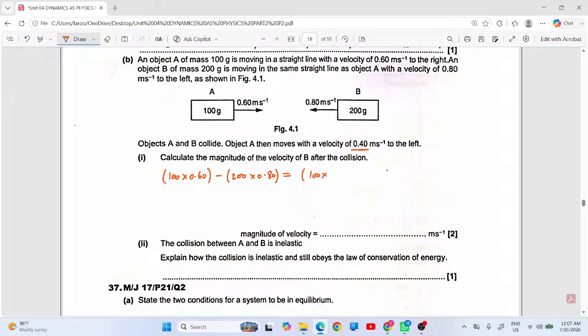Calculate the magnitude of the velocity of B after the collision.